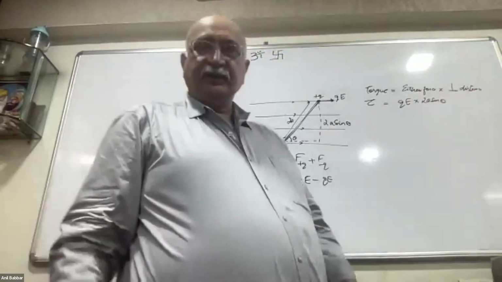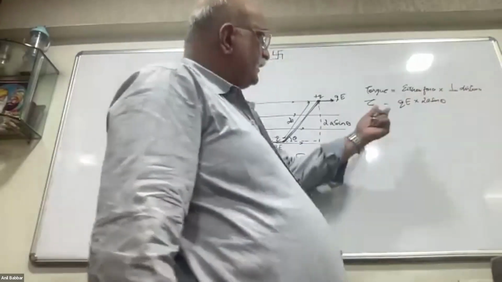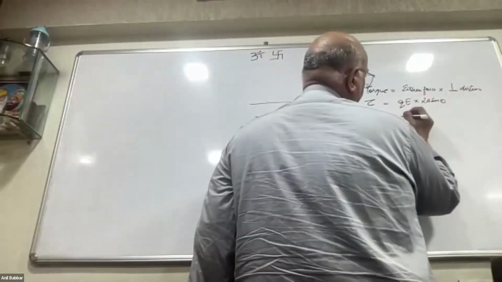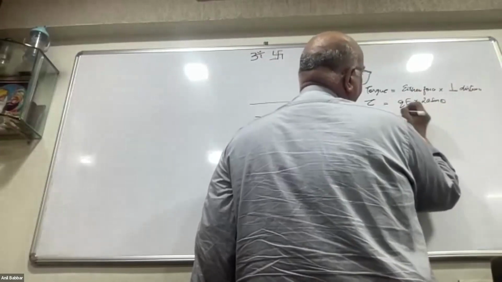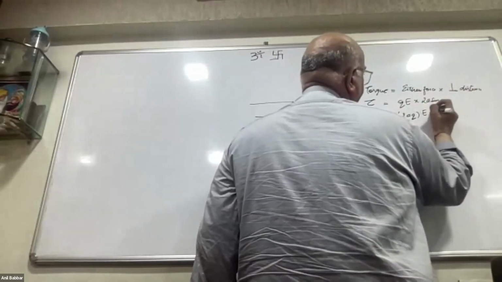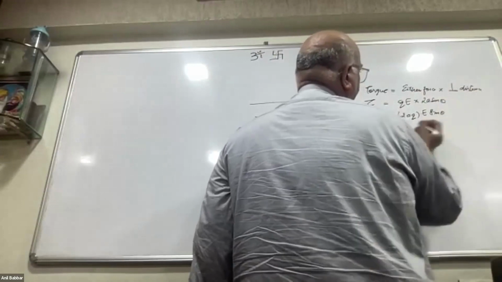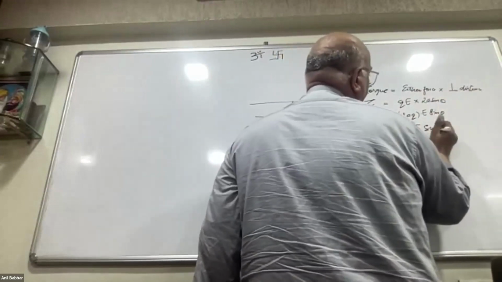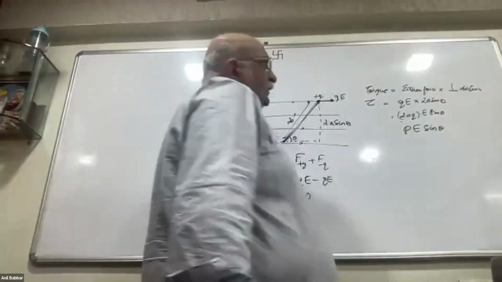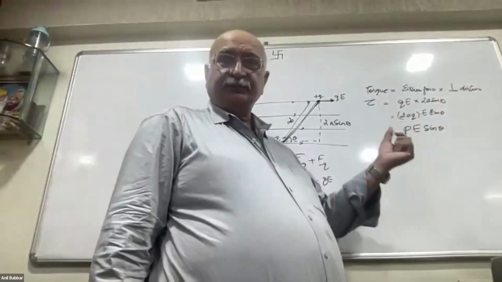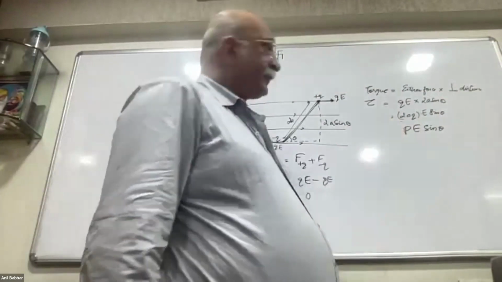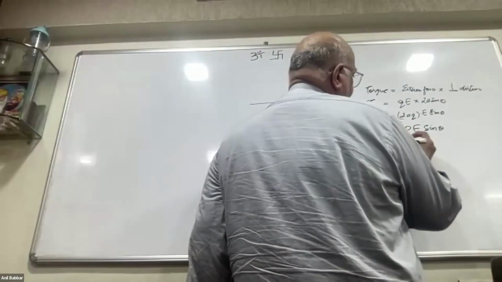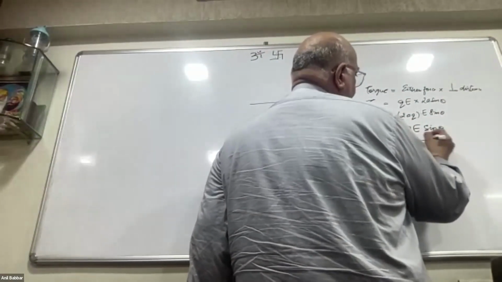Now, 2aq can be arranged like this, into E sine theta. So this is the dipole moment p, and the formula reduces to pE sine theta. In vector form, this is p cross E.